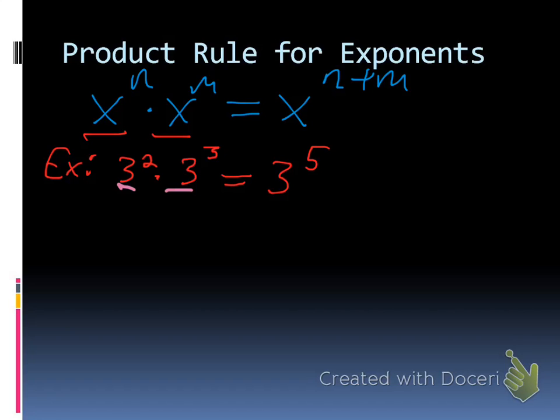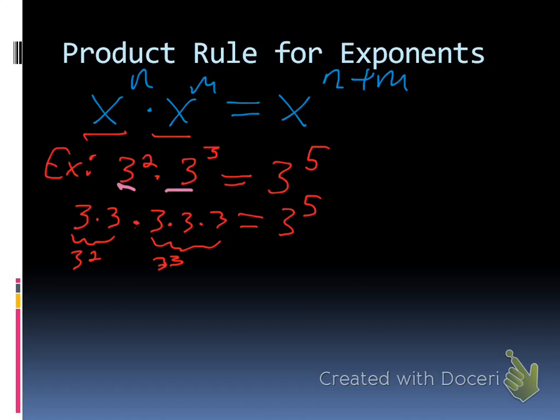We can see that a little more clearly if we wrote 3 squared as 3 times 3, and then we're multiplying that by 3 times 3 times 3, which is 3 cubed. How many 3's do we have then? I've got 5 3's. That must be 3 to the 5th power. Alright, let's do another example.